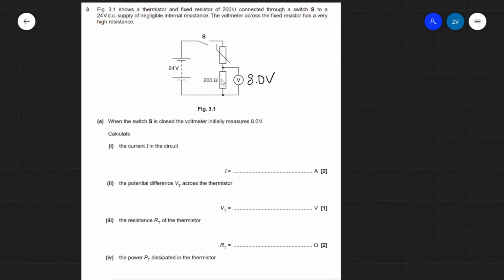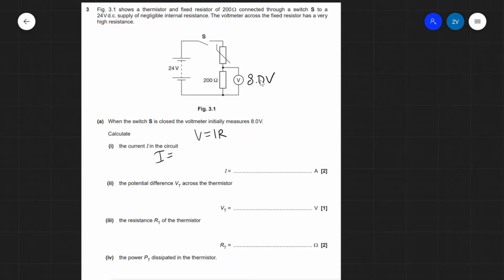Well, across this fixed resistor, the resistance is 200 and the voltage is 8. So this means that we can apply Ohm's law directly. Ohm's law says that V is equal to IR, rearranged of course for I. Let's write this over here.